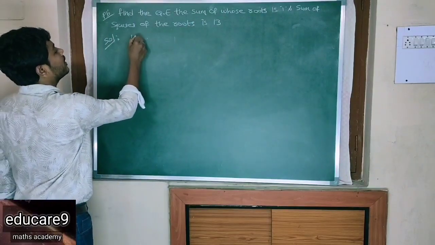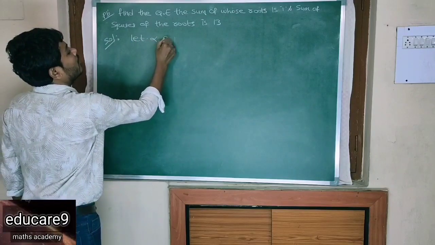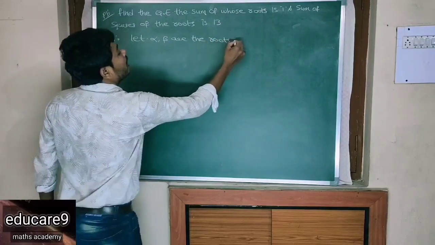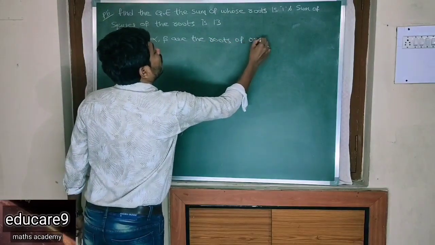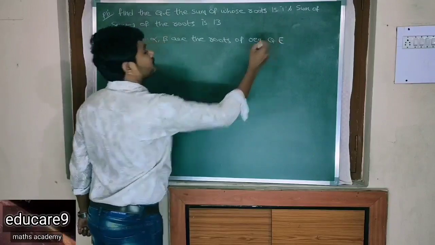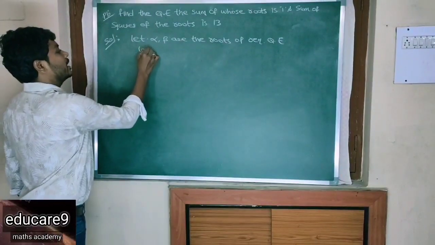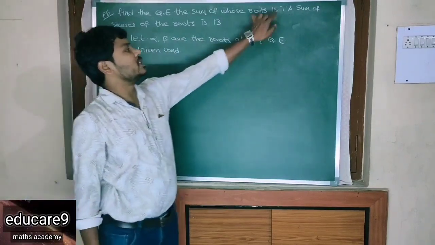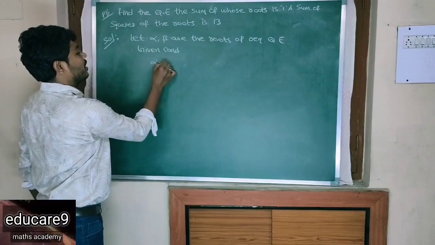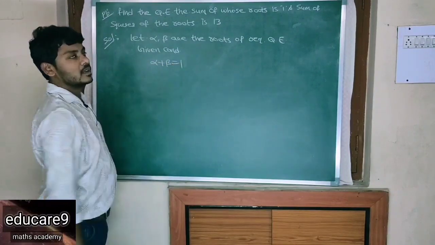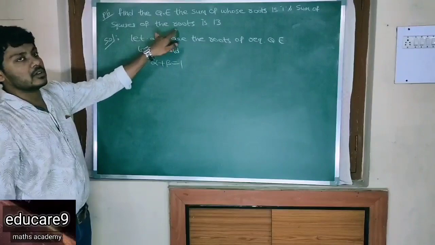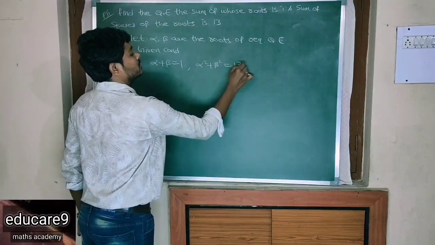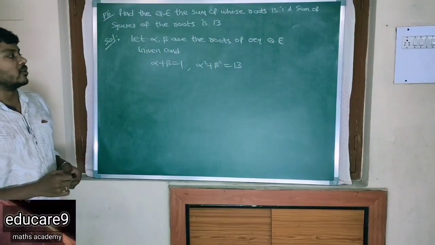So here let alpha, beta be the roots of the required quadratic equation, and given condition: sum of the roots is 1, that is alpha plus beta is equal to 1, and sum of the squares of the roots, that is alpha square plus beta square is equal to 13. So these are the required conditions.